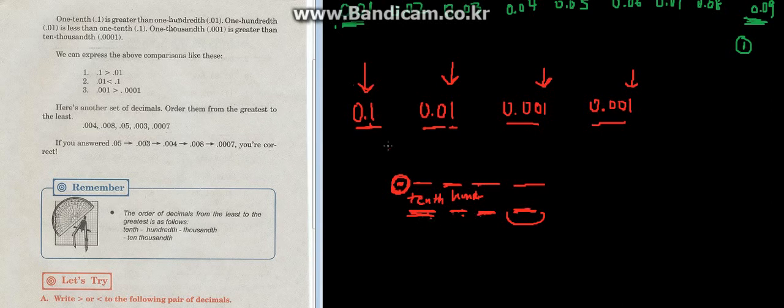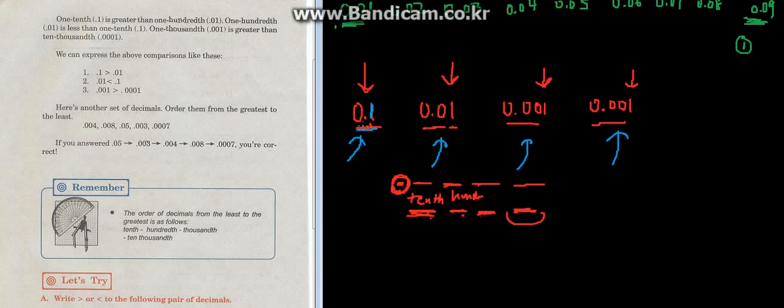Okay. So in this case, we have 1/10, 1/100, 1/1,000, and 1/10,000, and the first number has the digit 1 placed in the 10th place, right?